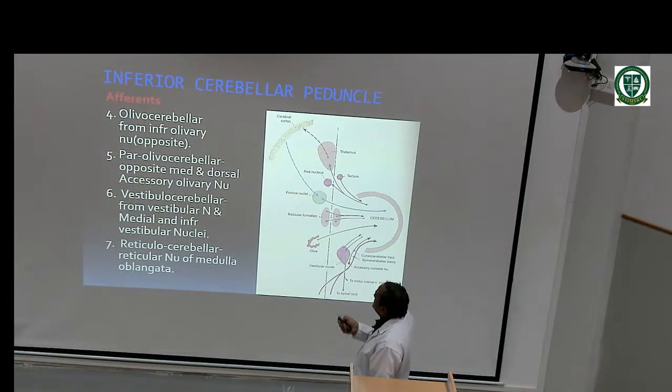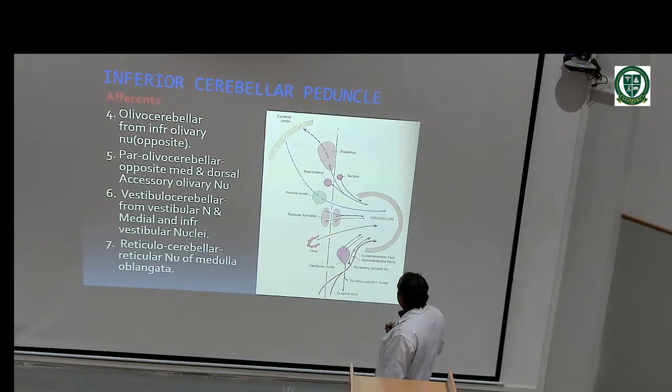Next, the fourth one is olivocerebellar fibers, arising from the inferior olivary nucleus that is contralateral, the opposite side. So this is the inferior olivary nucleus. From here the fibers enter the cerebellum through the inferior cerebellar peduncle.